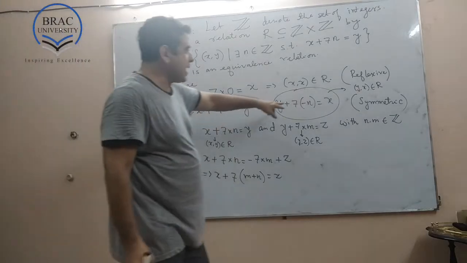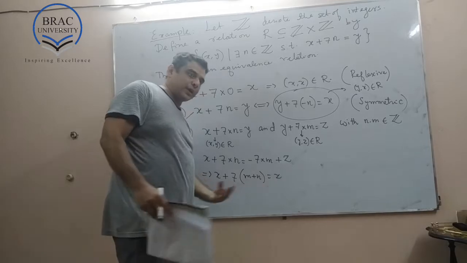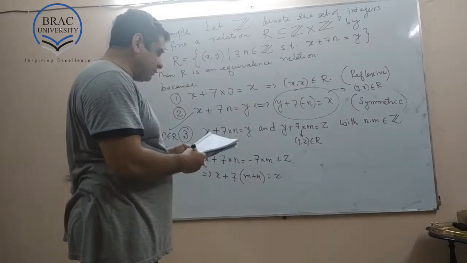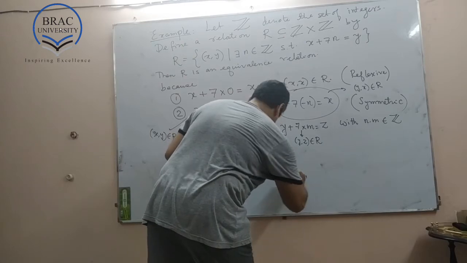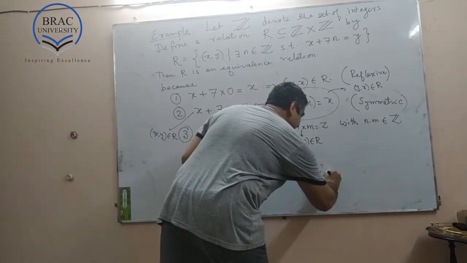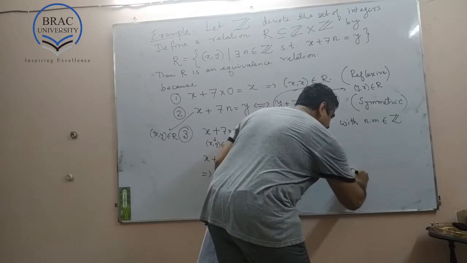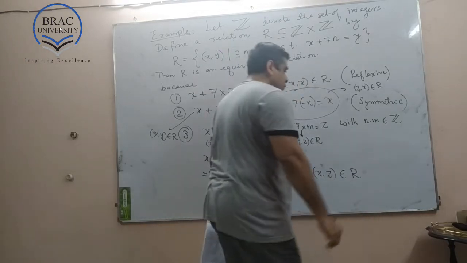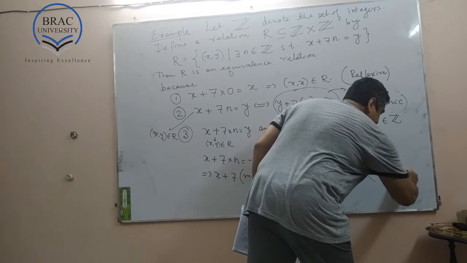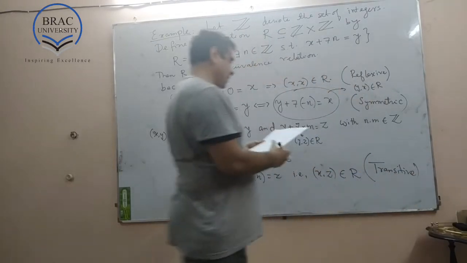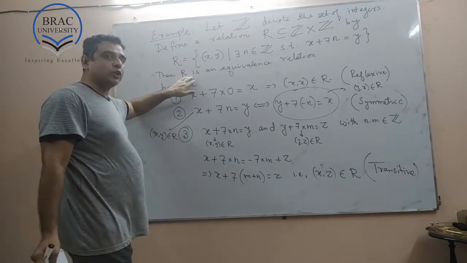Since m and n are both integers, m plus n is also an integer, signifying that this ordered pair (x, z) should also be in R, which proves that R is also transitive. So this will prove that R is indeed an equivalence relation.